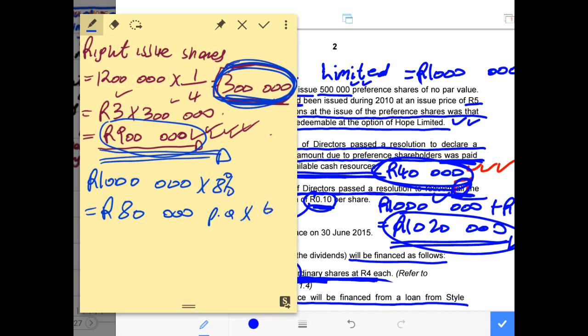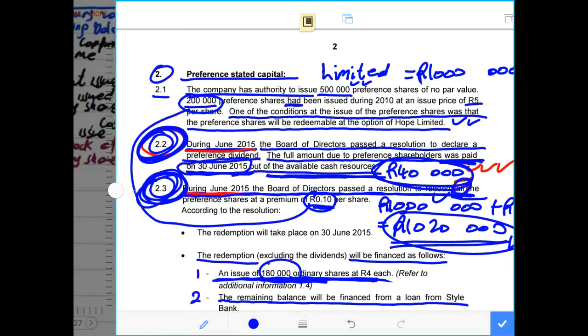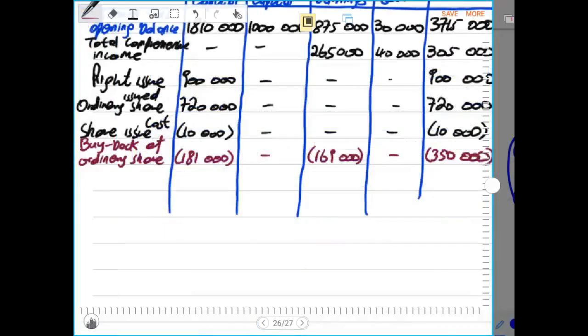And we multiply that by 6/12, because the preference dividends were declared and paid in June, so it's only for 6 months. Therefore it will be 40,000 rands preference dividends that we have to account for. That's where the 40,000 comes from, and it must be recorded in the statement of changes in equity, under retained earnings.